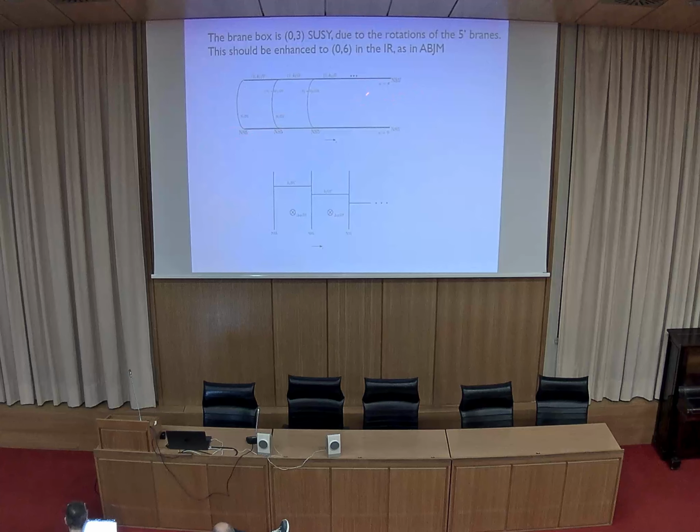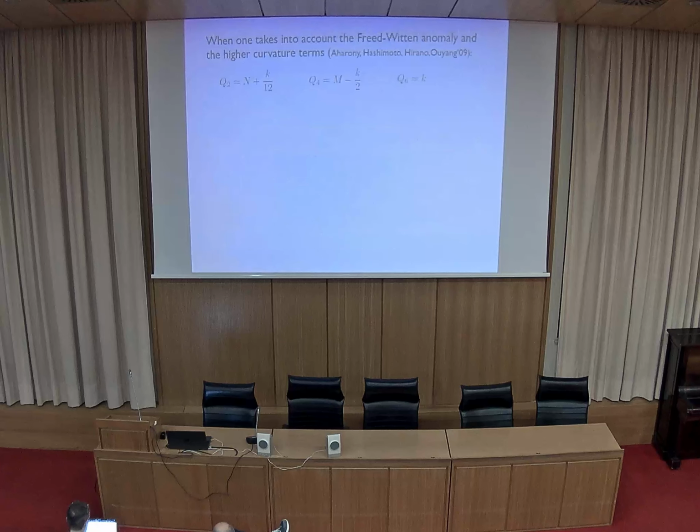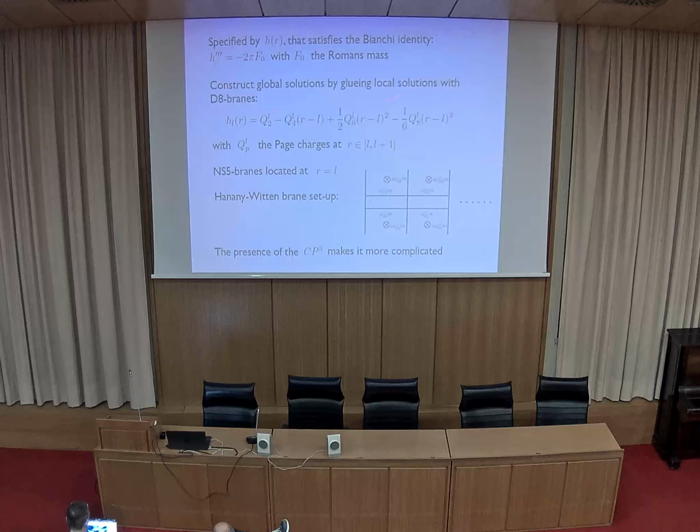And this is a consequence of what I was saying at the beginning, that H, the first derivative and the second derivative, need to be continuous because they are metric, and this imposes conditions on the parameters that I was showing, this I forgot to say. The parameters in terms of which the H function is defined, when you impose that H prime and H double prime are continuous as we move in these intervals, determine how these charges have to change across intervals.